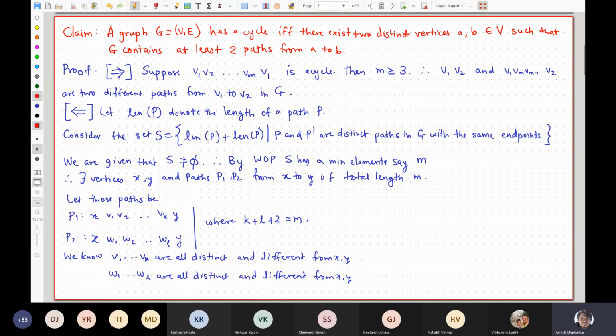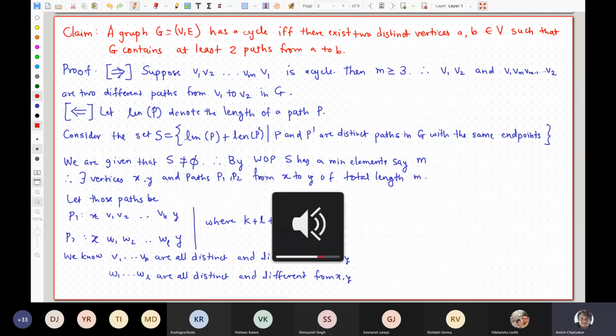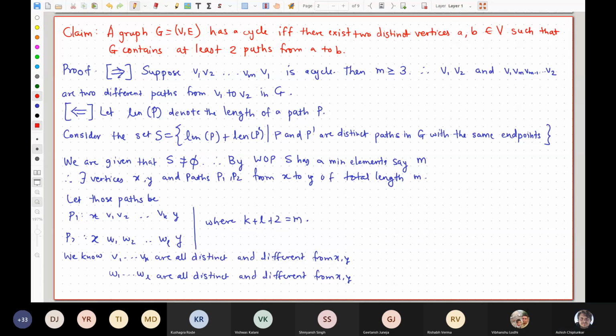Any quick questions before we go ahead, Shrimanti? Shrimanti, your hand is up. Sir, when you said i equal j equal 1, I thought, can we include the condition that the second vertex in the paths P and P dash should be different?